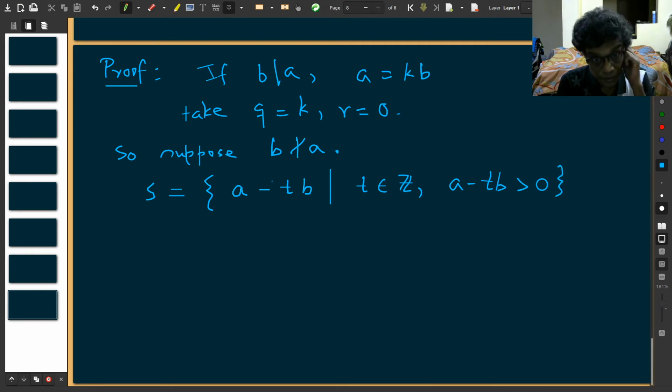Then what happens? I have to show that S is non-empty.